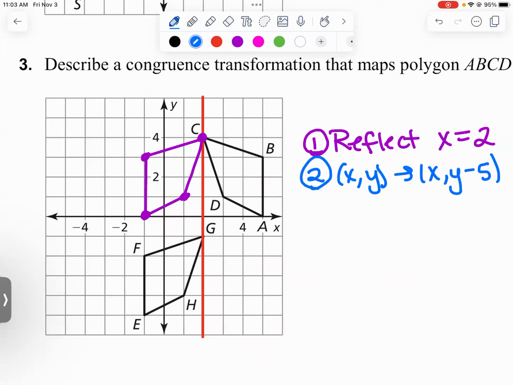If I reflected across the y-axis, it would have looked like this. And then I could translate it right and down. You see what I'm saying? Just that good, Ben. Just that good.